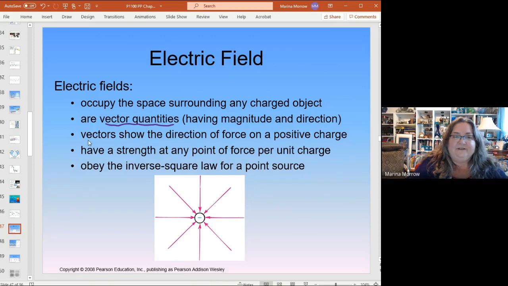Now the vectors are defined as the direction of force on a positive charge. So here we have a central charge, a charge in the center, which is negative. And if you think about putting a positive charge at any point, then it will be attracted to the negative charge, right? So anywhere you put a positive charge, it's going to be attracted to that negative charge.